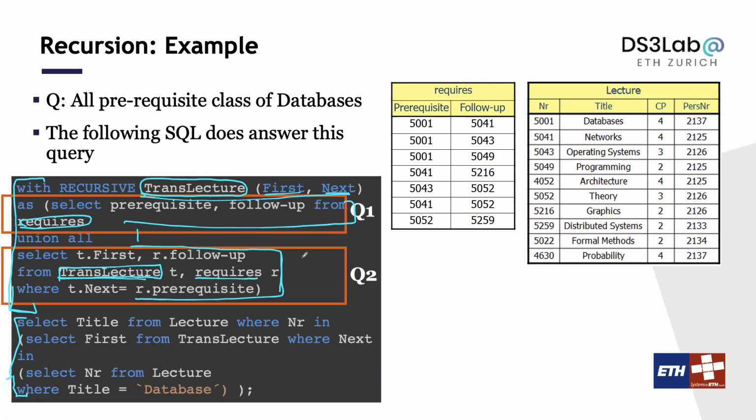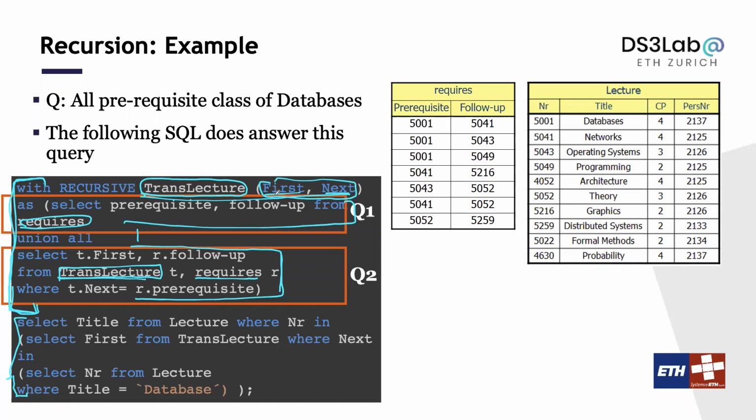It goes one level up. So this defines all the prerequisite relationships between two courses. If course A is a prerequisite of course B, no matter how many steps you need to take, that pair AB is going to be in this relation after it converges.